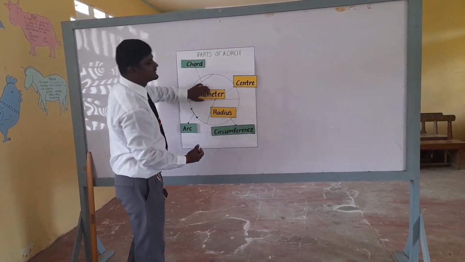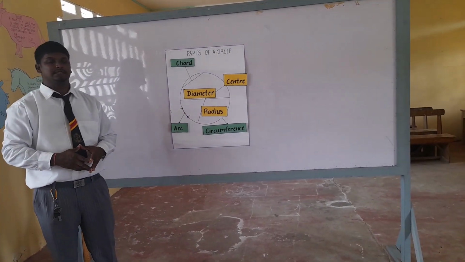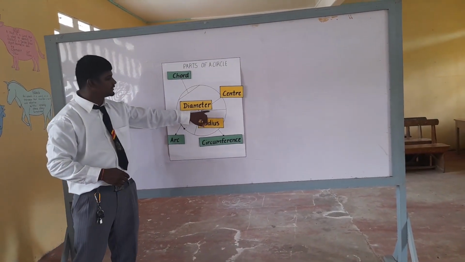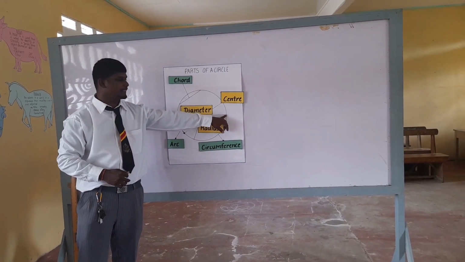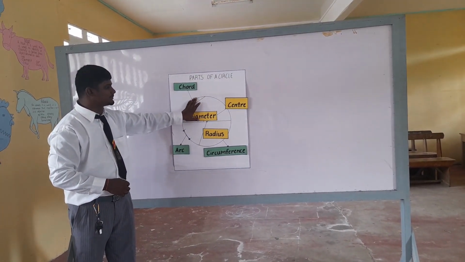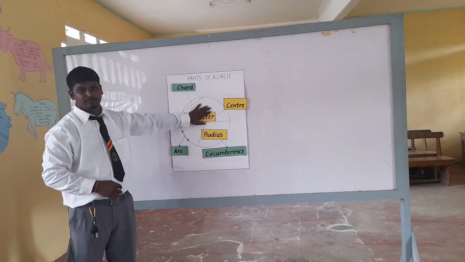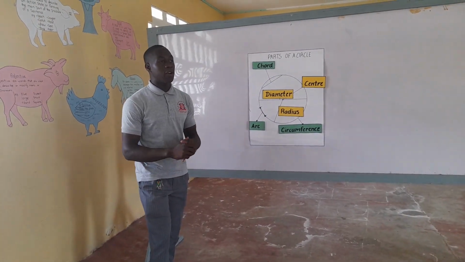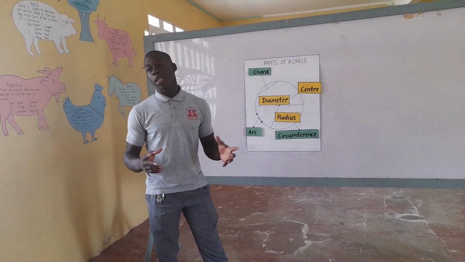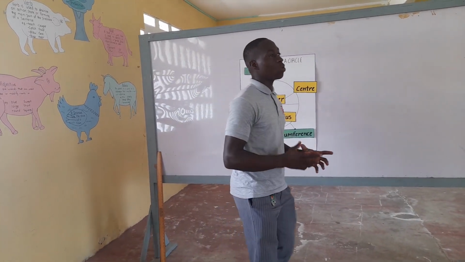The diameter is a line from one end of the circumference passing through the center, touching the other end, right? It could be any way on the inside of the circle, right? Yes, sir.